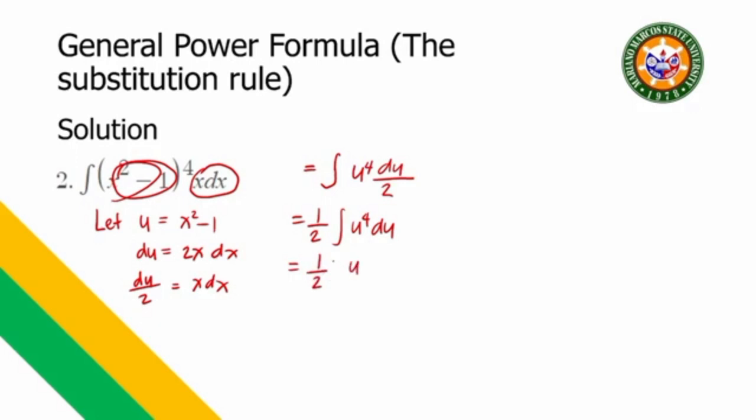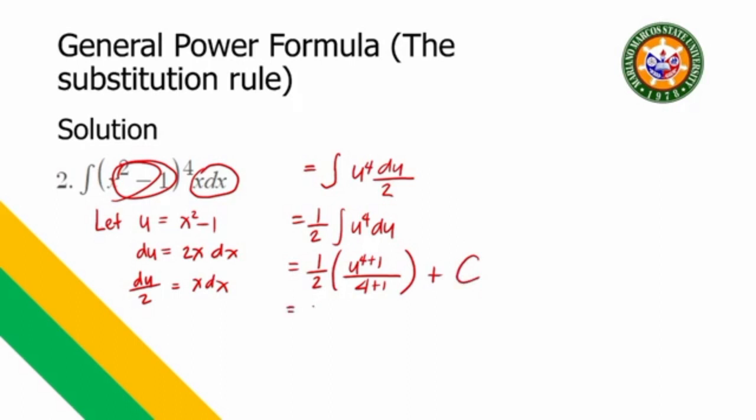So u, the exponent is 4. So u raised to 4 plus 1 all over 4 plus 1, plus, never forget the constant c.